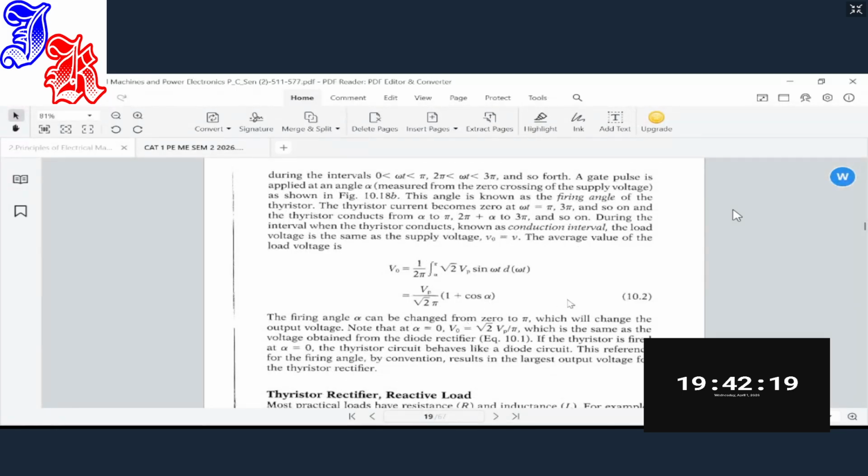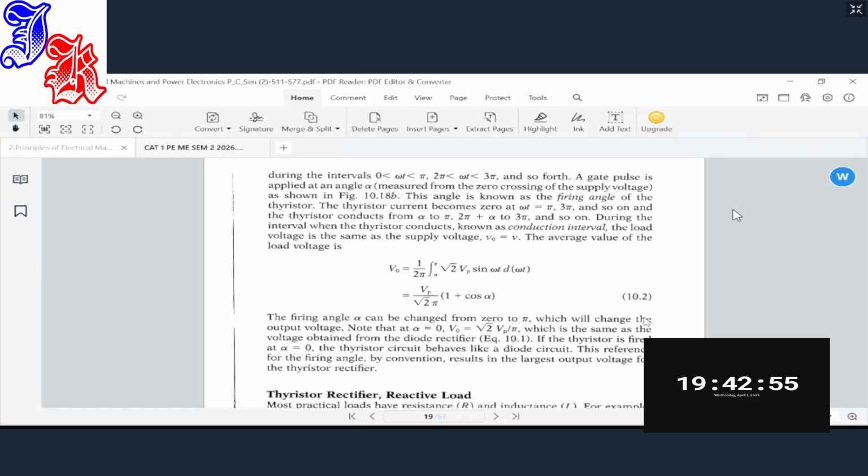So you start and find the output, and Vp remains as 240. So you find cos 0. You substitute cos 0 and see what it gives. You can do it with your calculator. Now you're assuming that our alpha is 0, or we ignited the thyristor at 0.